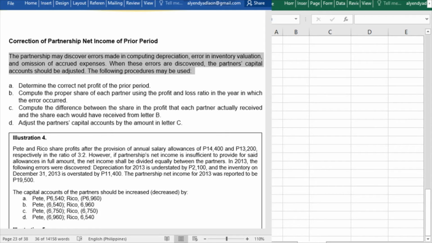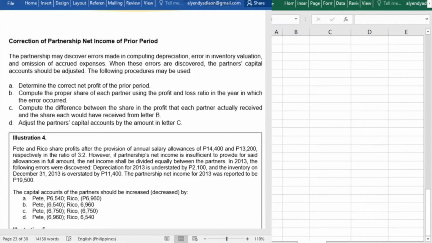Now, since there are errors that were discovered, what we are going to adjust is not the net income because it was already closed from the prior period, but rather their capital accounts because that is where we buried the net income.